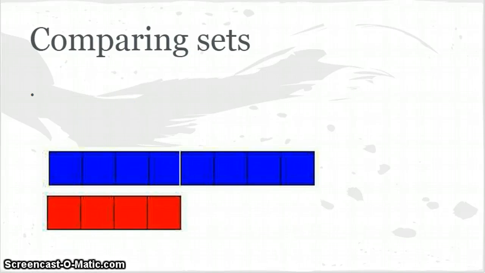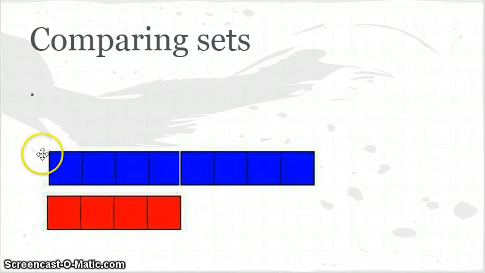Okay, that now takes us to our homework for tonight, which is really just one problem that I'd like you to work on. I'd like you to look at the math train of the blue cubes and red cubes.